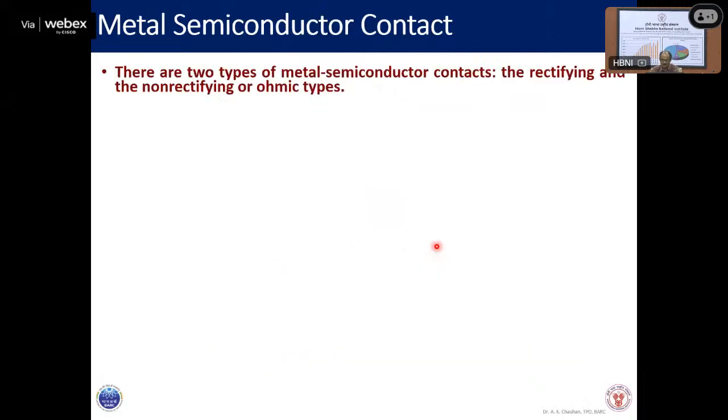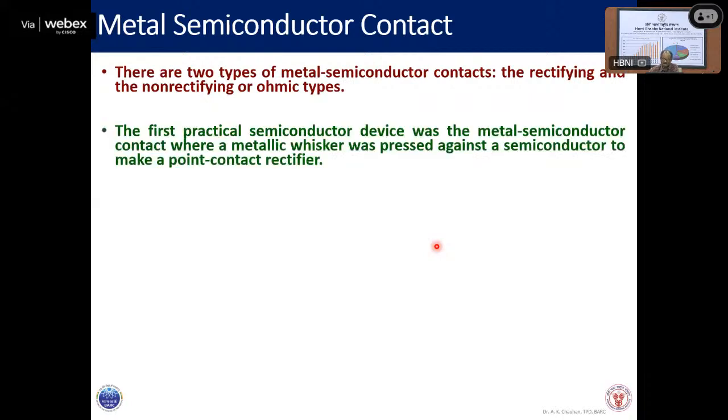Now I come to another important point, which is the metal semiconductor contact. There are two types of metal semiconductor contacts, the rectifying and the non-rectifying, or ohmic, contacts. The first practical semiconductor device was the metal semiconductor contact, where a metallic whisker was pressed against the semiconductor to make a point contact rectifier.